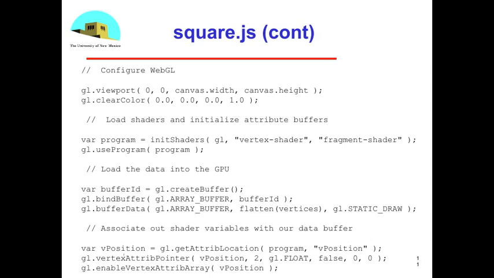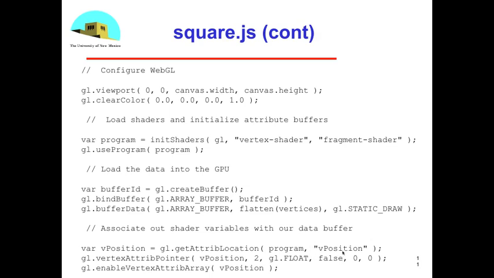So I'm going to define a variable called vPosition. The V is a hint that this refers to something in the vertex shader.